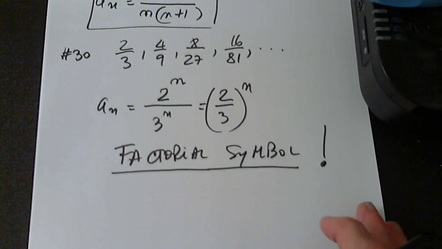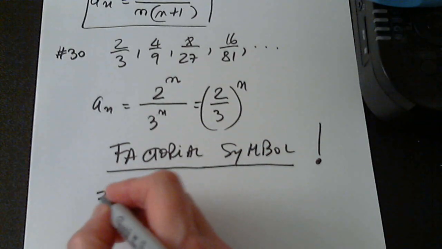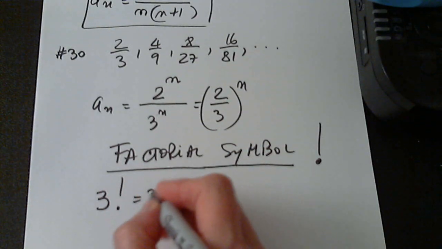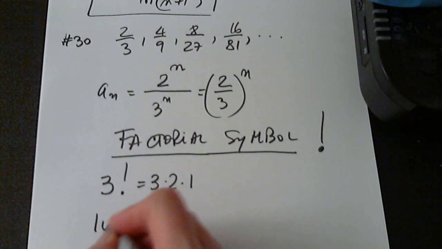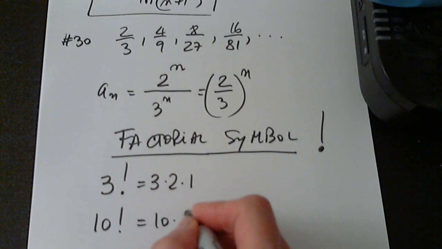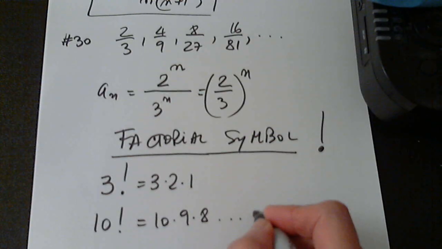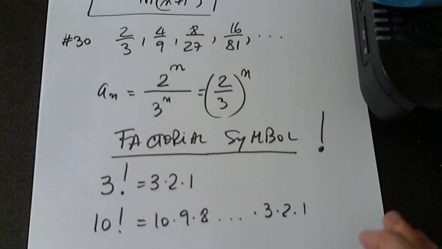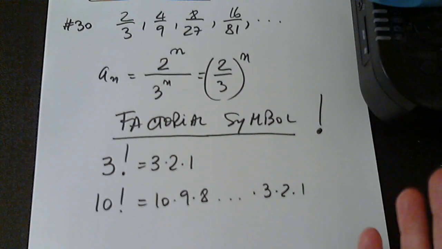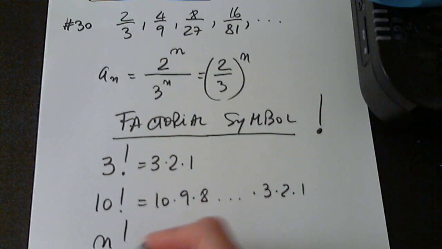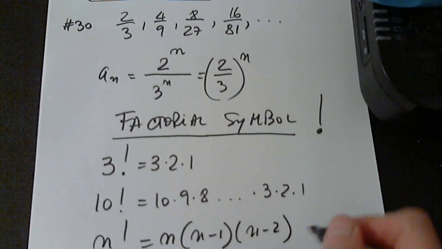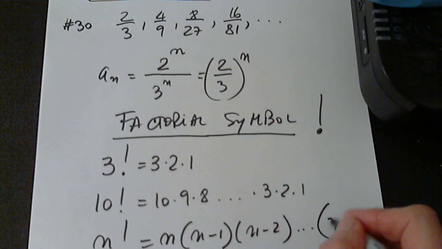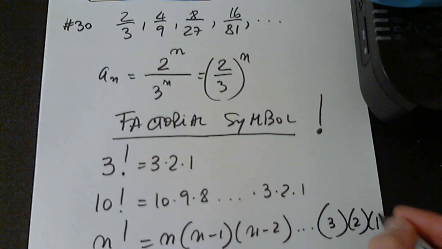What does it mean? Okay, 3 factorial means 3 times 2 times 1. 10 factorial means 10 times 9 times 8 dot dot dot times 3 times 2 times 1. In general, n factorial is n times n minus 1 times n minus 2 dot dot dot times 3 times 2 times 1.